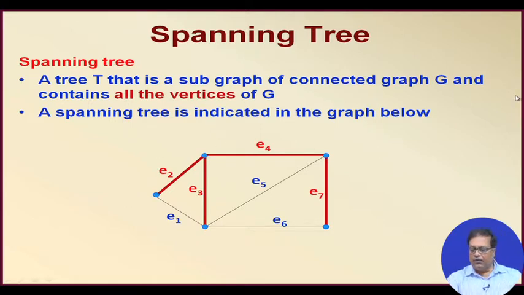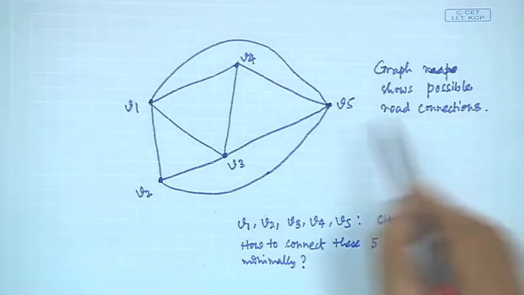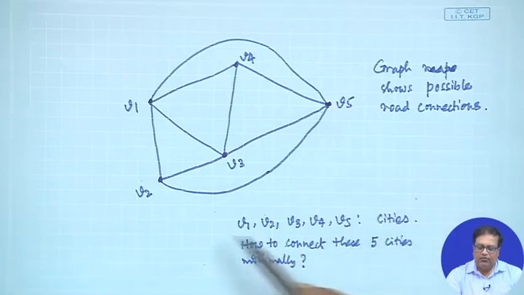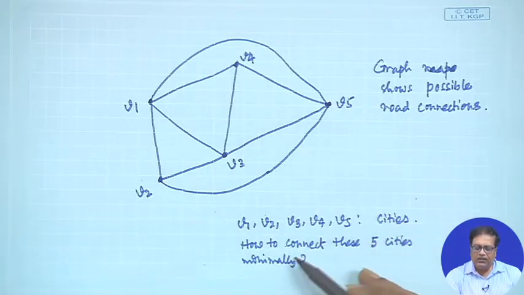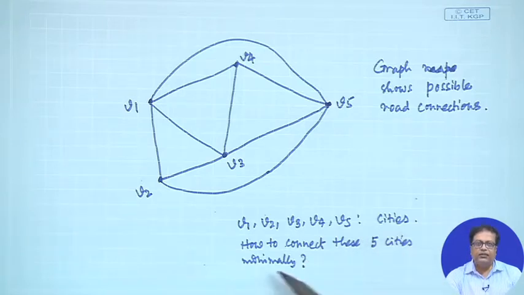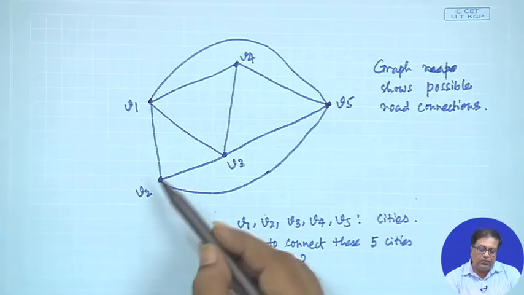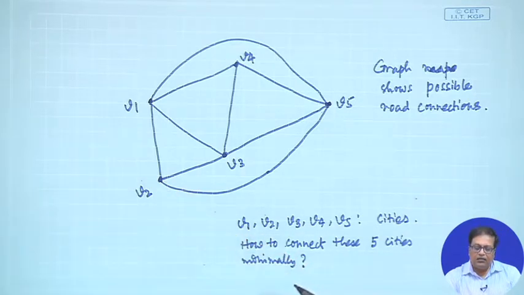Now, come back to the question that I have asked. Let us see whether an answer is found to this particular question. What was my question? The graph shows possible road connections, V1, V2, V3, V4, V5, they are cities, and the question was how to connect these 5 cities minimally, right. So, we need to build the least number of roads.